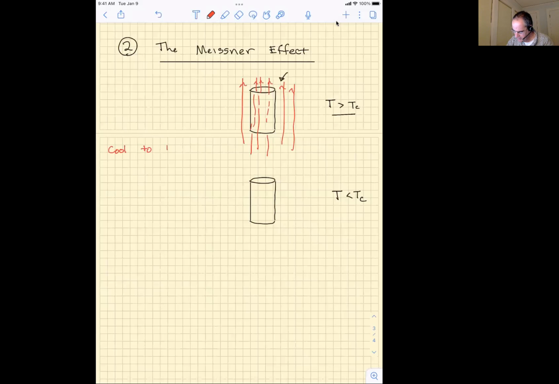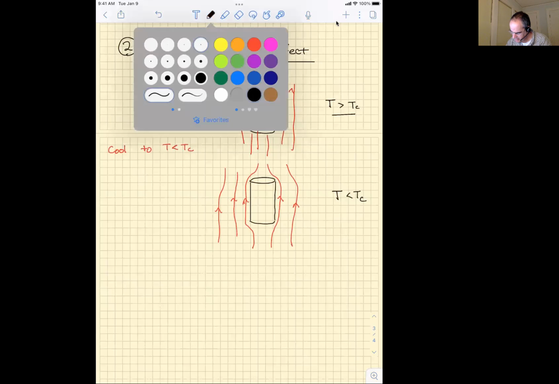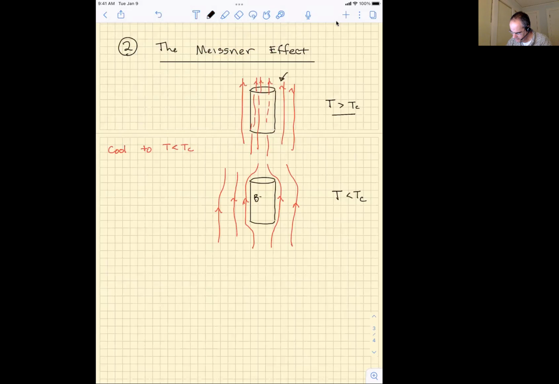Now, suppose we cool it to a temperature below the transition temperature. What happens in the Meissner effect is that the magnetic flux is expelled from the material, so that the magnetic field inside the material goes to zero. Kind of mysterious, right?